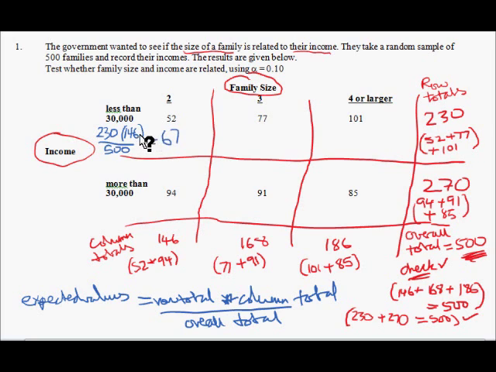So that equals 67.16. Likewise here, I put up an arrow here, so I don't have enough space there. I observed 77. What do I expect? Well, it's in the first row still, so it's going to be 230, right? But now it's in the second column. Second column, the column total is 168.